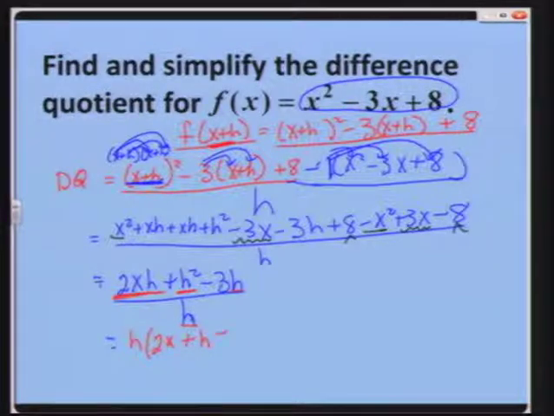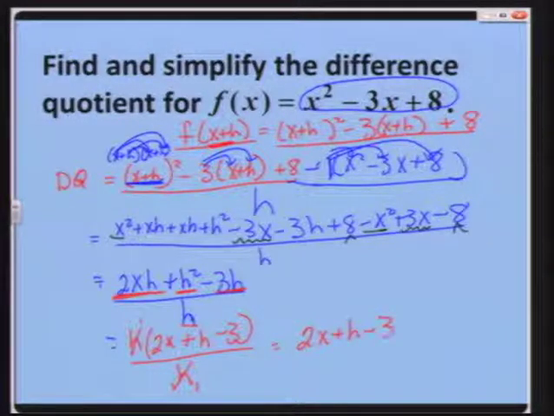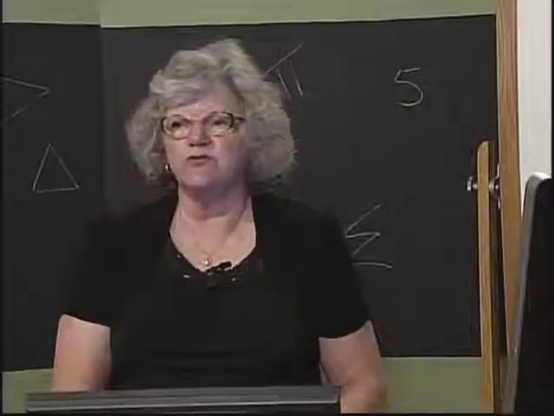And h times minus 3 gives me minus 3h, all divided by h. Then h divided by h reduces to 1 over 1. And I have 2x plus h minus 3 left for my difference quotient. Okay, that concludes our difference quotient for today.